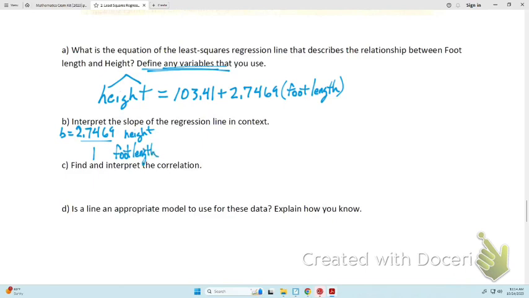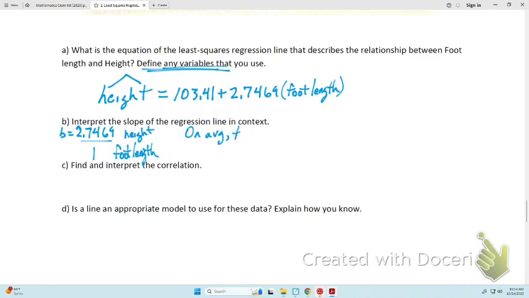So I typically write that on my paper, and then I put it into words. On average, or you can say it is predicted, or typically, or there is an increase of about 2.74, as long as you have some kind of word in there saying it's not like a fact, that it's typically this value, then you're going to be fine.